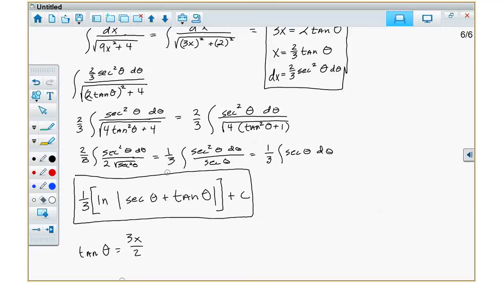Oscar had a hump of apple. So opposite is 3x and adjacent is 2. So this is going to be the square root of 3x squared minus 2 squared.